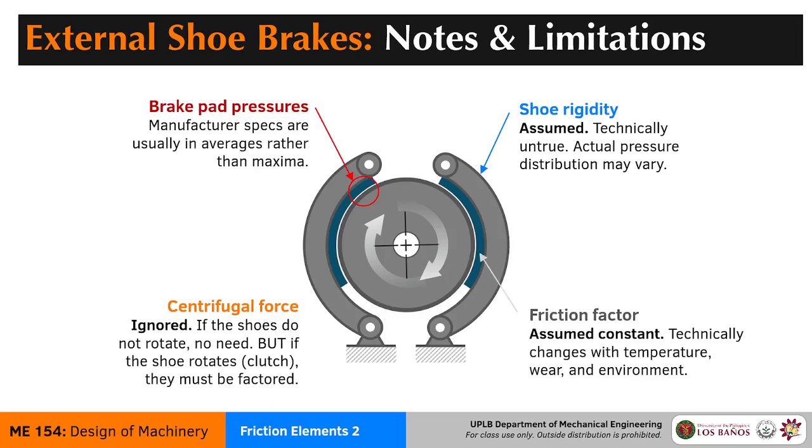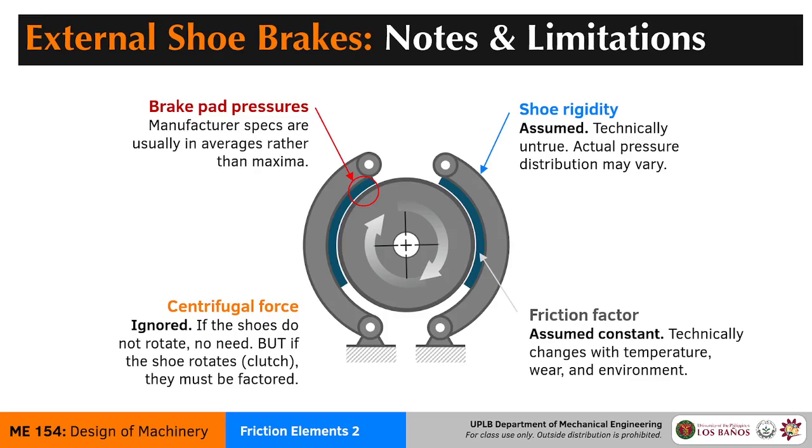The last one that we want to note is that the friction factor, at least in all of our analysis for friction elements, we assume to be constant at every point. Here's the thing. I think NC 13 did not discuss this, but for real friction pads, for real friction materials, their friction factor actually changes with the temperature. So if the friction pad gets too hot, you will get a fluctuation of friction factors. Also, when the band or the brake is wet, you tend to see a reduction in friction factor as well.